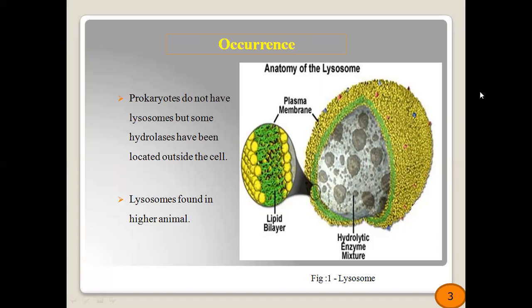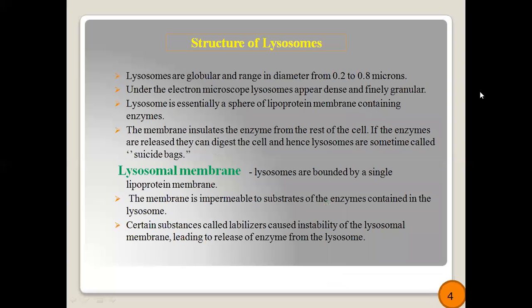So the picture indicates the structure of lysosomes, which has the lipid bilayer and the plasma membrane, and inside is the hydrolytic enzyme mixture. So the structure of lysosomes is as follows. Lysosomes are globular and range in diameter from 0.2 to 0.8 microns. Under the electron microscope, lysosomes appear dense and finely granular.